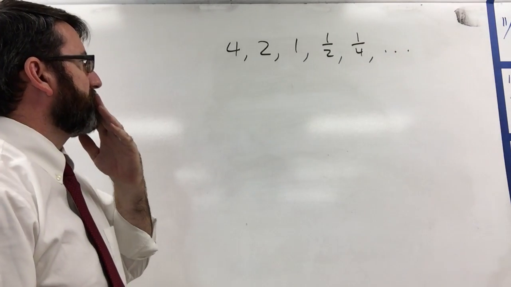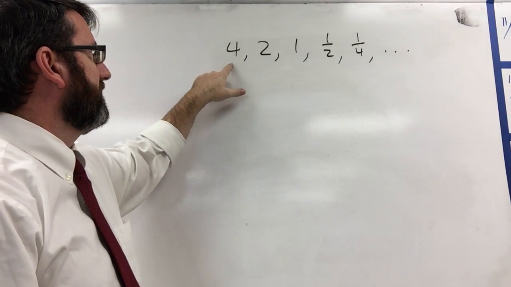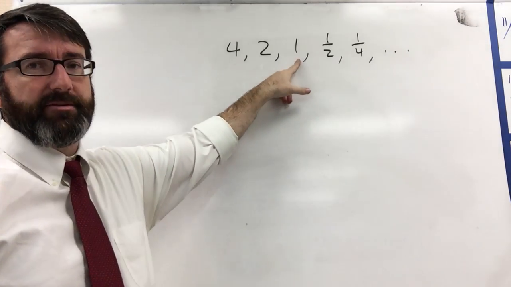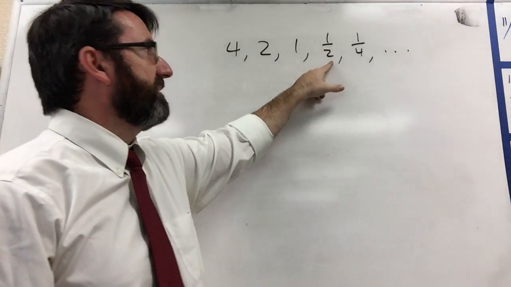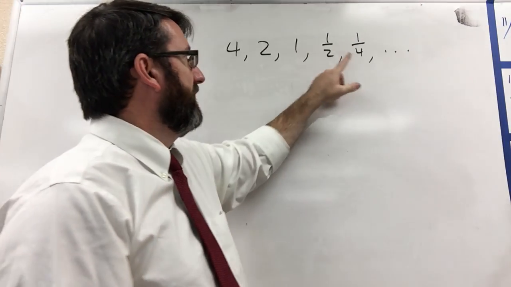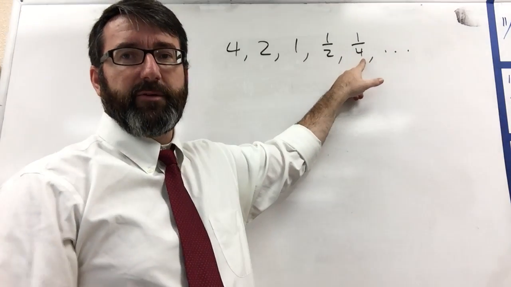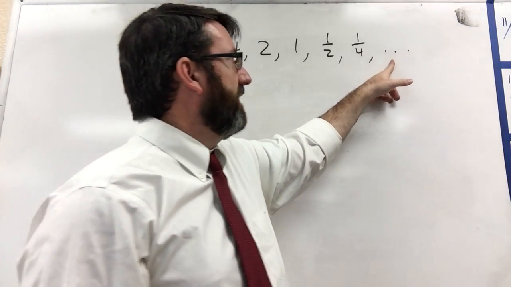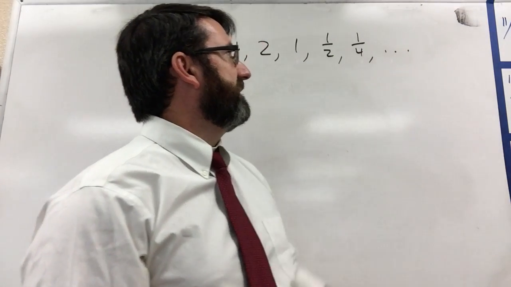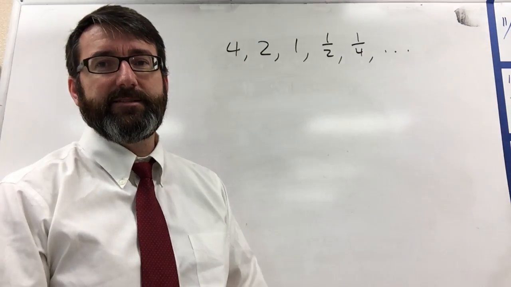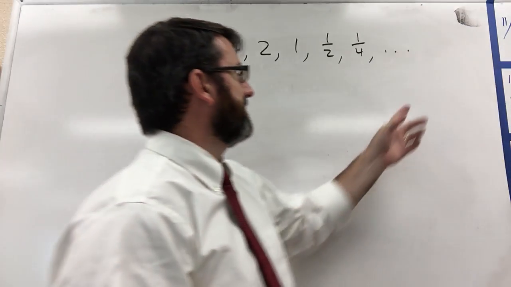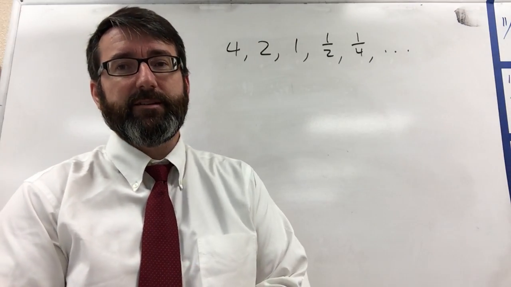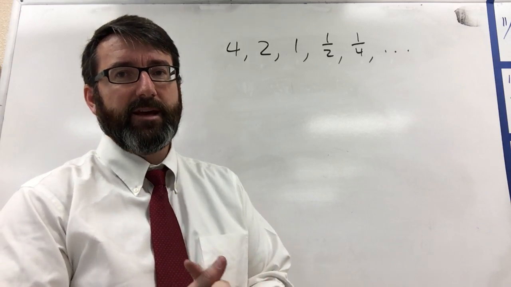Well, let's think about it. 4 plus 2 is 6, plus 1 is 7, plus 1/2 is 7.5, plus 1/4 is 7 3/4, plus 1/8 is 7 7/8, plus 1/16 is 7 15/16, plus 1/32 is 7 31/32.